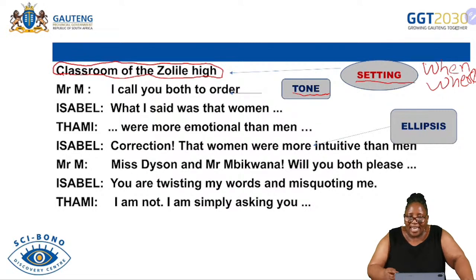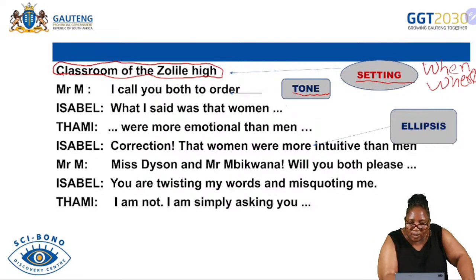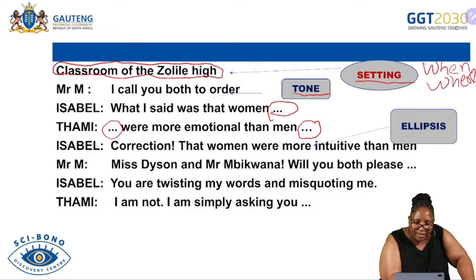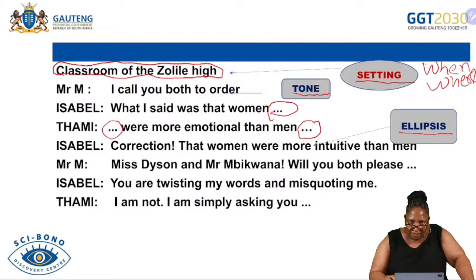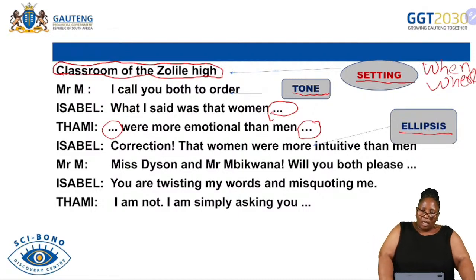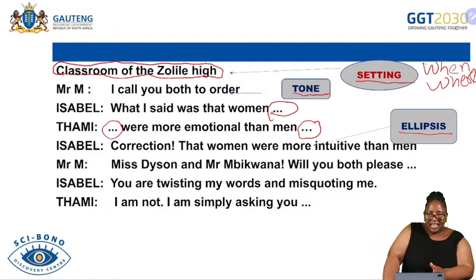So we also have the 3 dots there. What do we call these 3 dots? Can you see how they are placed? We call these ellipses. There are words that were supposed to be said, but there was a stop and a cut.